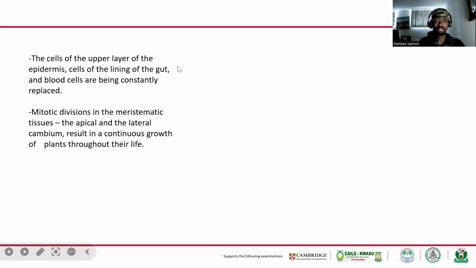And lastly, the cells of the upper layer of the epidermis, the cells of the lining of the gut, and blood cells are being constantly replaced. An example of epidermal cells is the cells on our skin.